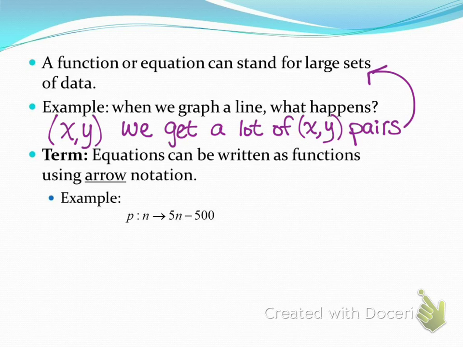All right. Equations can be written as functions using arrow notation. It's one form of notation. So for example, this would be read aloud as P of n. So P is the function. P would represent the function.